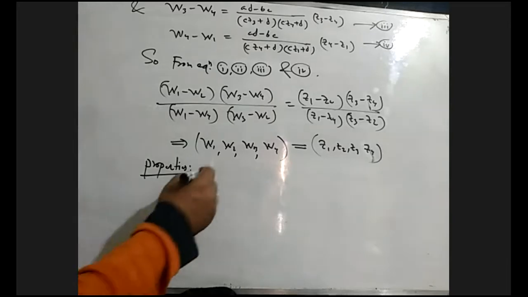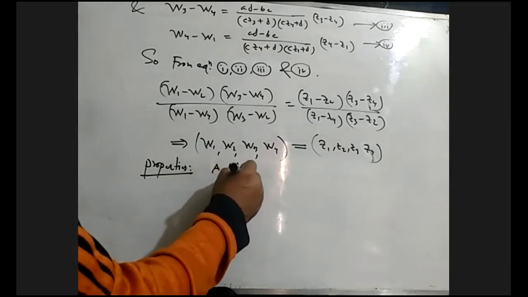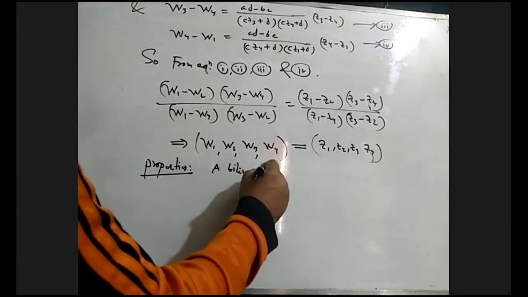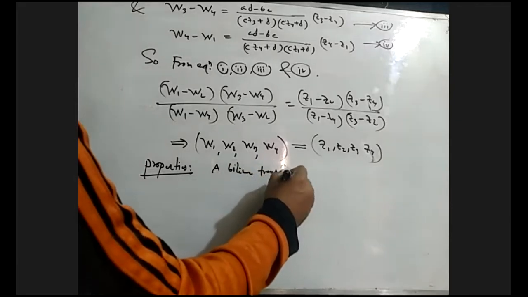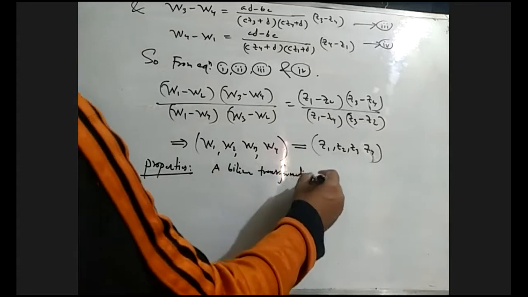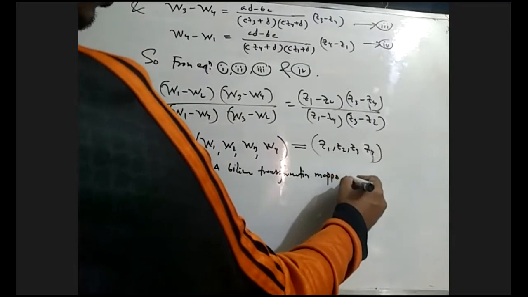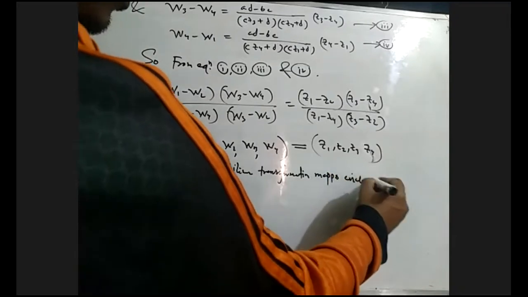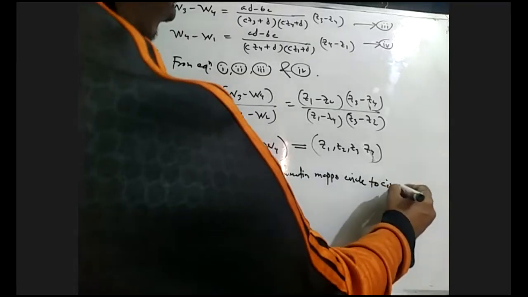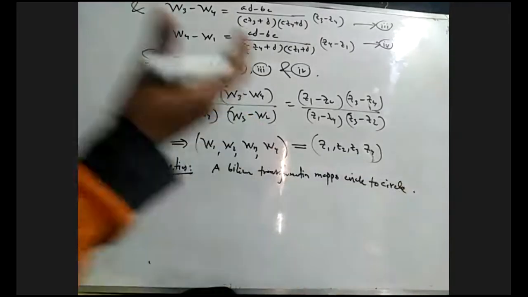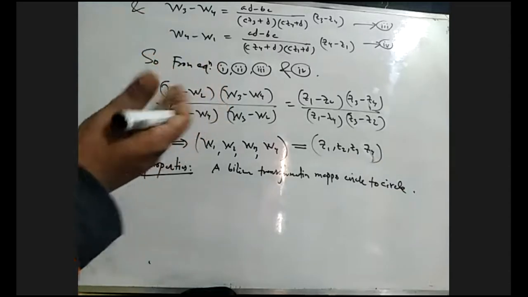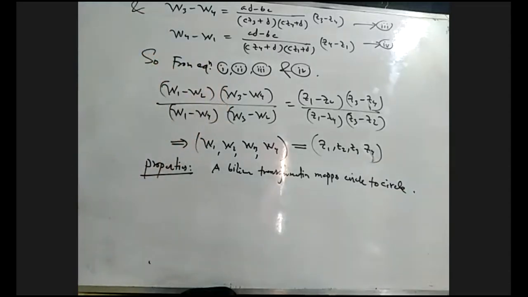That means a bilinear transformation maps circle to circle. That means if there is a circle in Z plane, then the image will also be what? Circle.